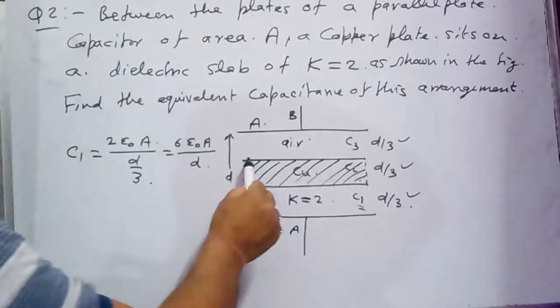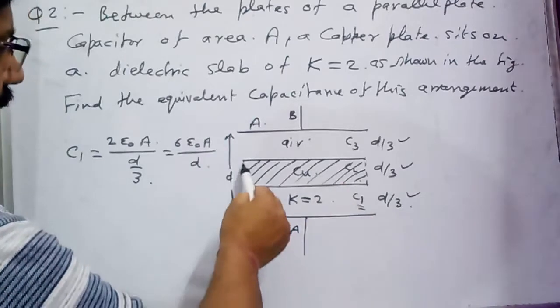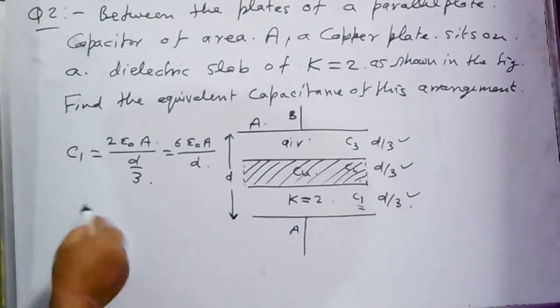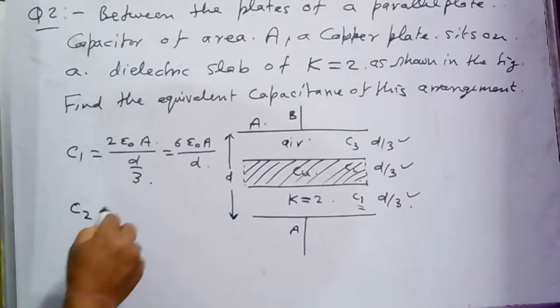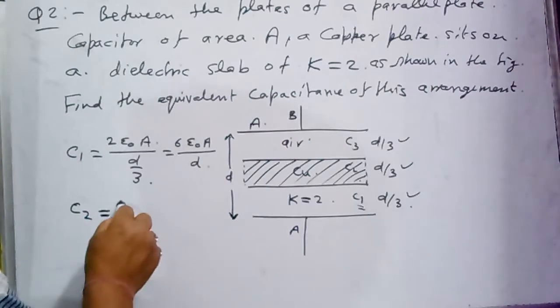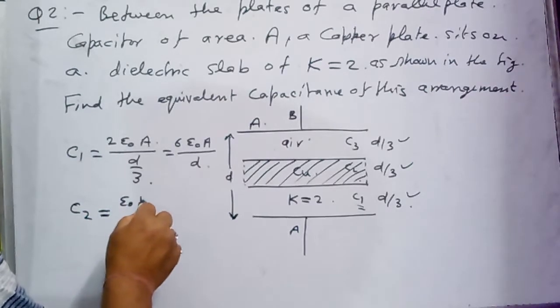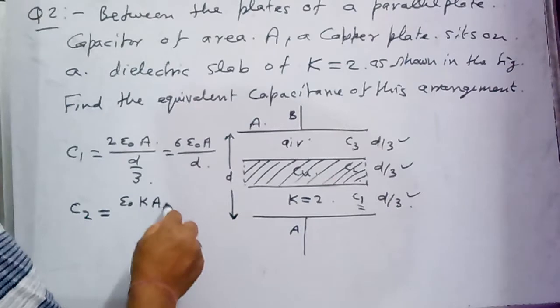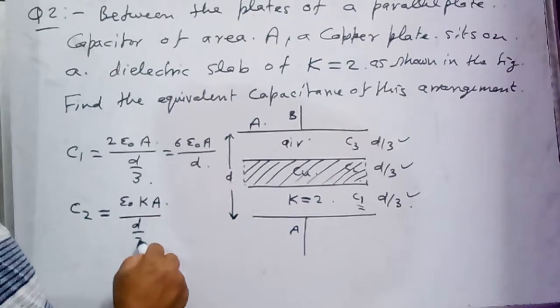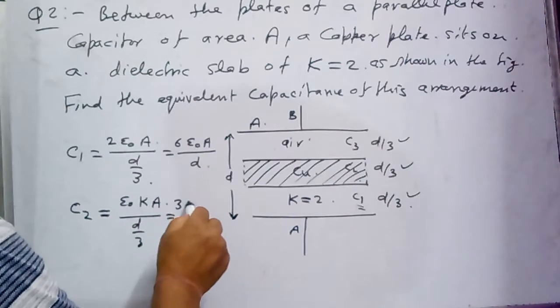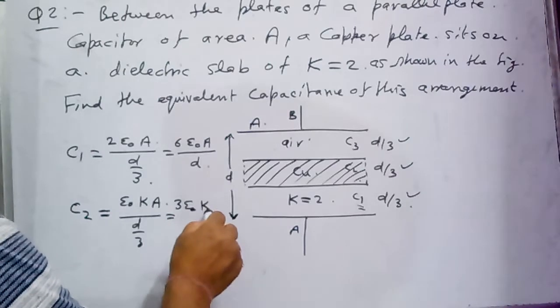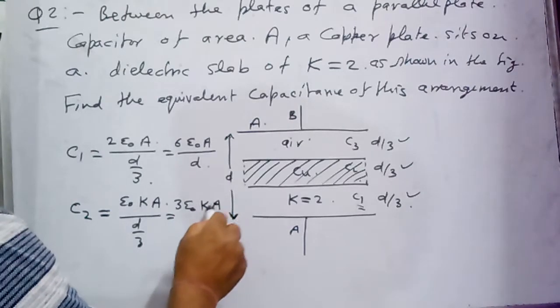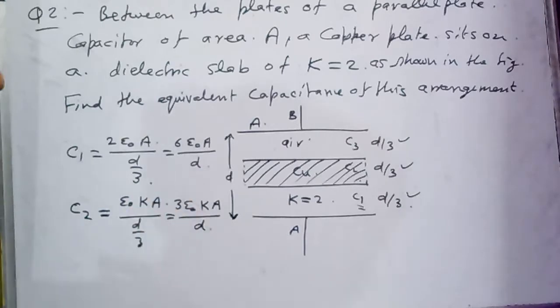What is the capacitance of this capacitor, C2? C2 can be written as epsilon naught into K, suppose the dielectric constant of the copper is K, into A divided by again D by 3, and this comes out to be 3 epsilon naught K into A by D. And what about C3?